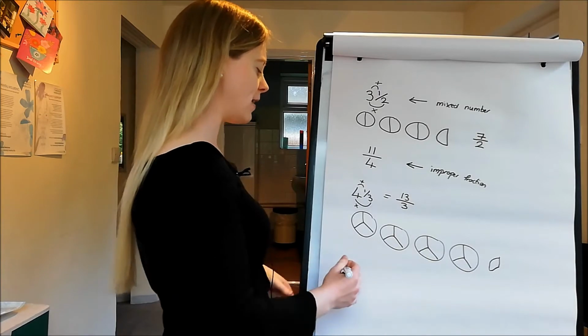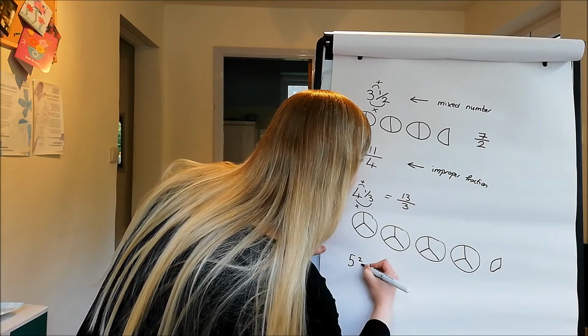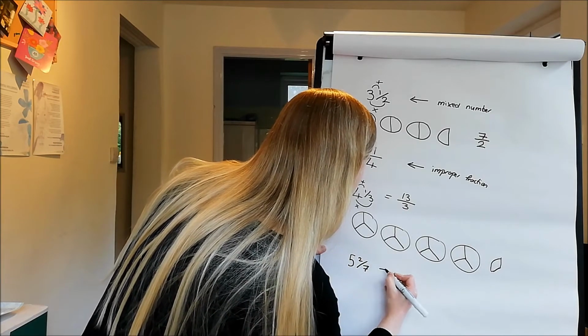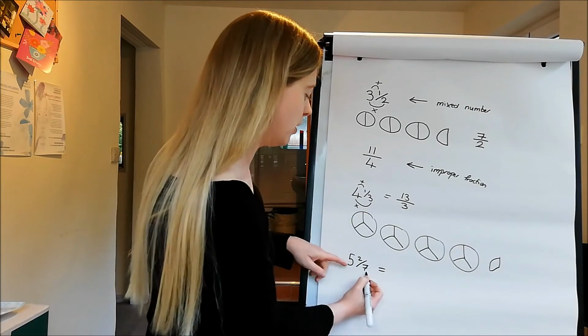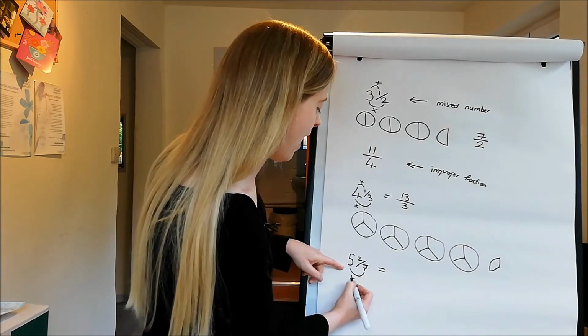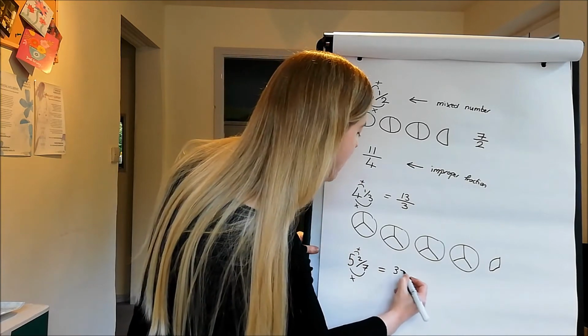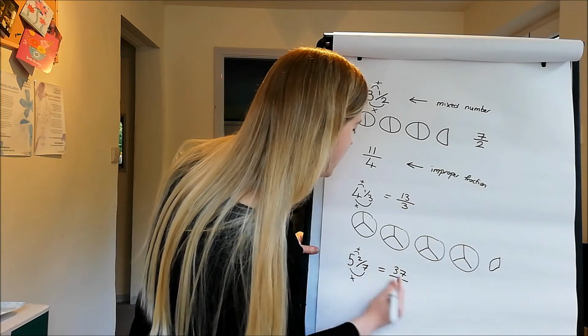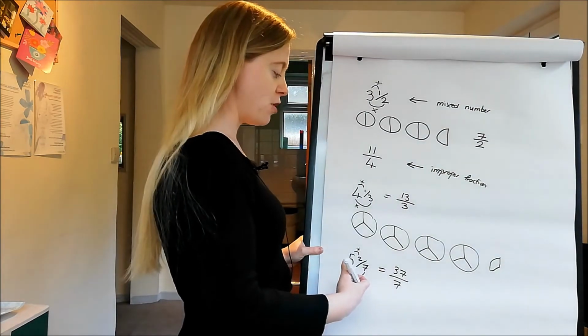So if I had 5 2/7 and I wanted to convert that mixed number into an improper fraction, I would say 7 times 5 is 35 and add the 2 on makes 37. And I'm dealing with sevenths. So 37 over 7.